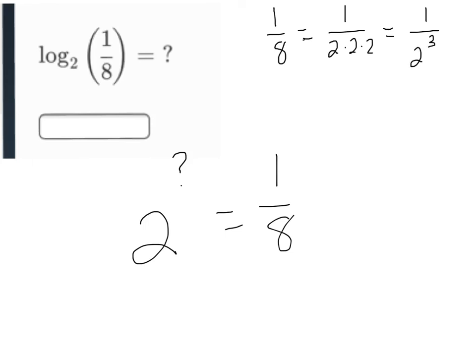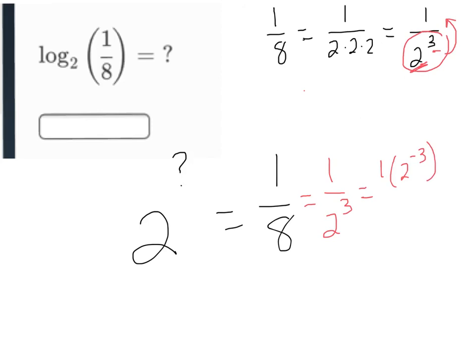Now, I told you before, in video 2, that if you want to take something that's in the bottom, a base and an exponent that's in the bottom, and move it to the top, all you have to do is change the exponent. So 1 over 8 is the same thing as 1 over 2 to the 3rd, and that's also the same thing as 1 times 2 to the -3 power.